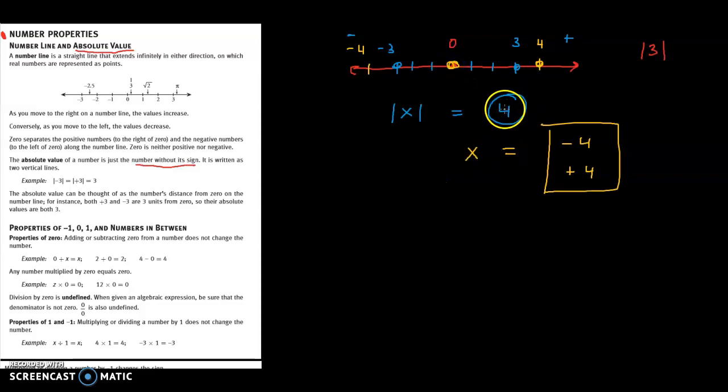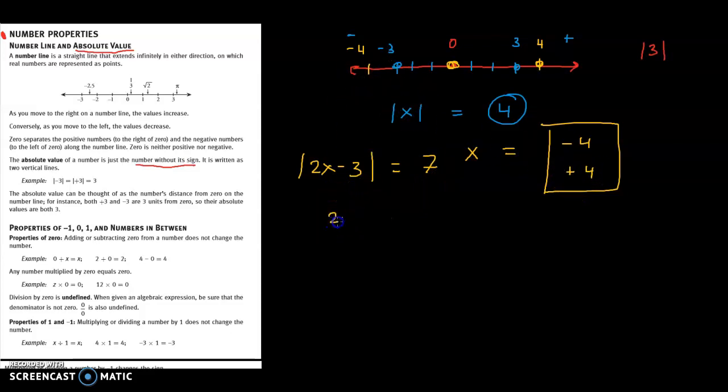If I'm given an absolute value, it could be whatever it might be. Let's say we had the absolute value of 2x minus 3 is equal to 7. All I know is that 2x minus 3 has to be 7 jumps away from 0, and there are only 2 places where that can happen.